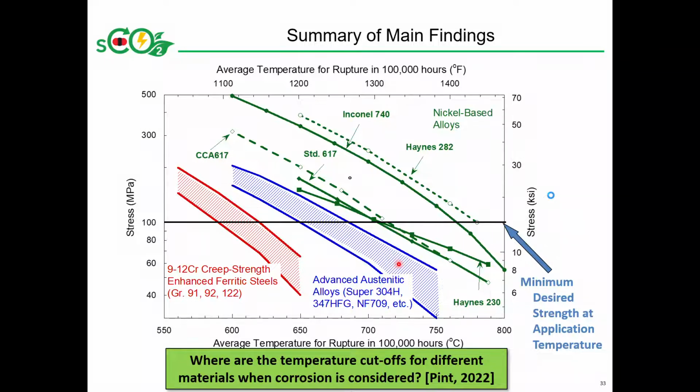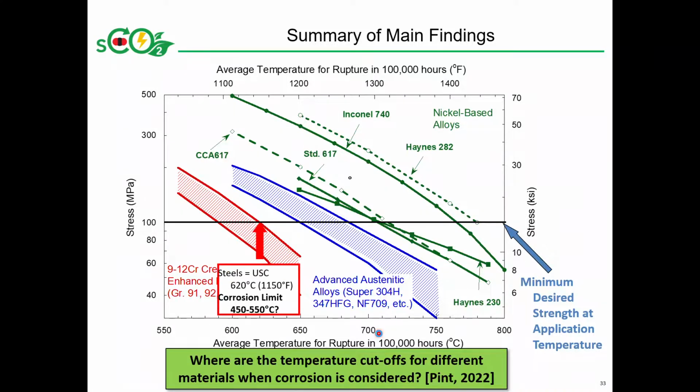But if we start looking at the temperature cutoffs for different materials when corrosion is considered, that leads us to a slightly more interesting question and might limit the temperature use for some of those alloys. And it looks like Bruce Pint has a paper in this conference that looks at some of those aspects, and I look forward to seeing that.